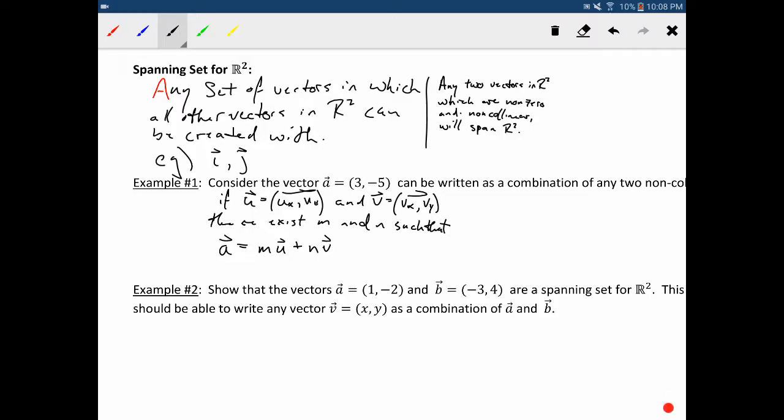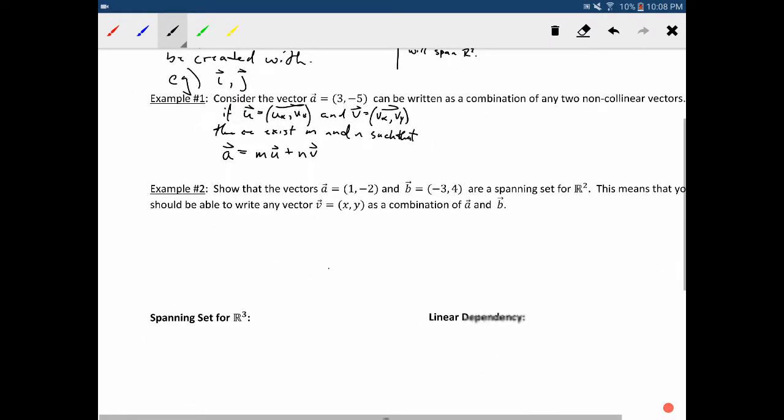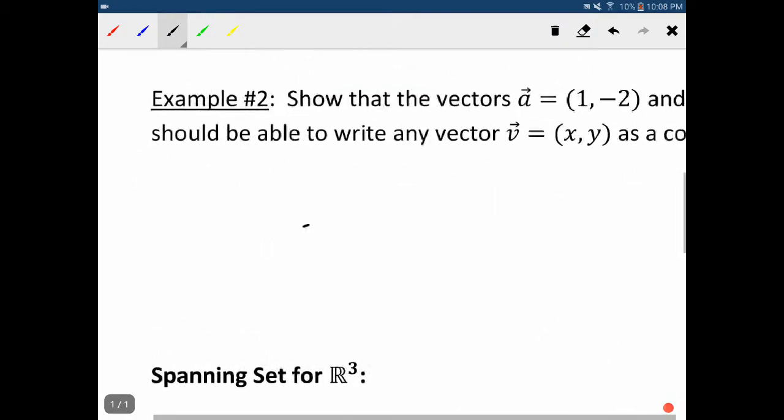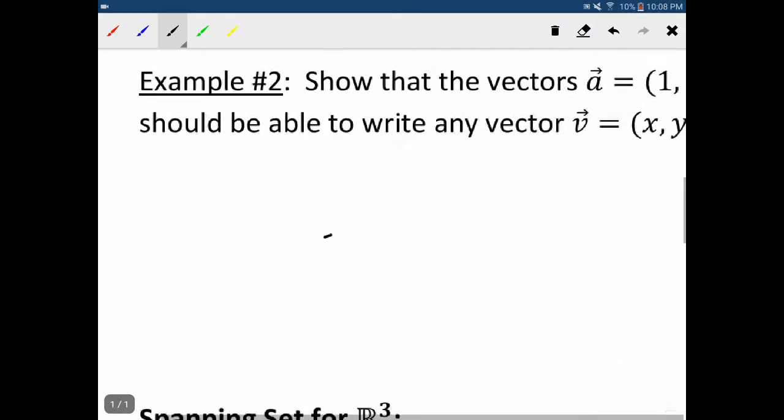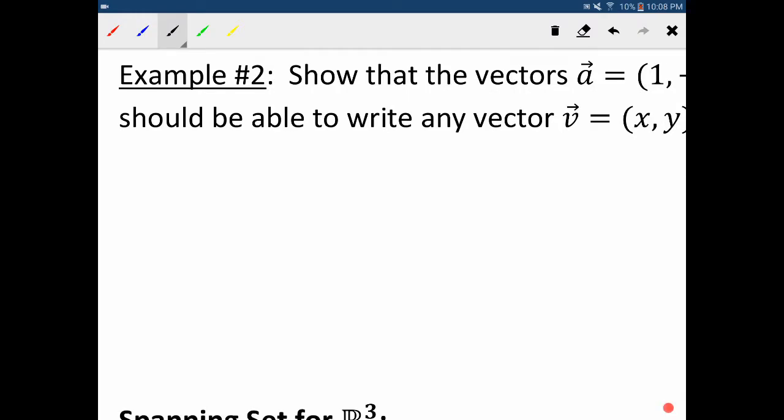So we're going to show that these two vectors, A and B, are spanning sets for R2. We're going to go back to grade 10 and do a little bit of elimination. The first thing I'm going to do is create two equations. I've got my vector v, which is (x, y).